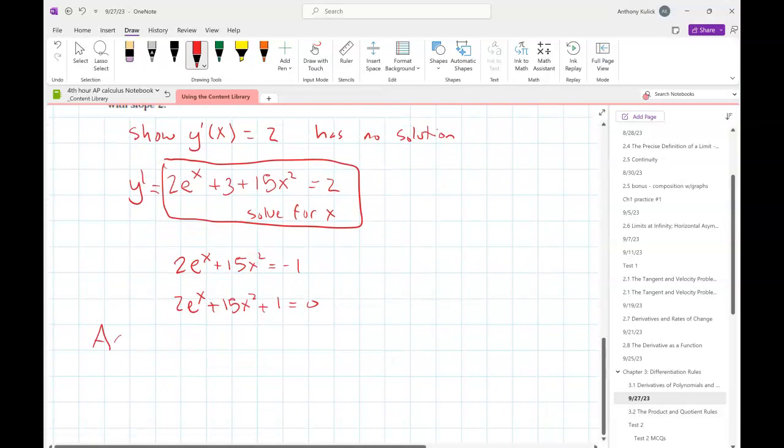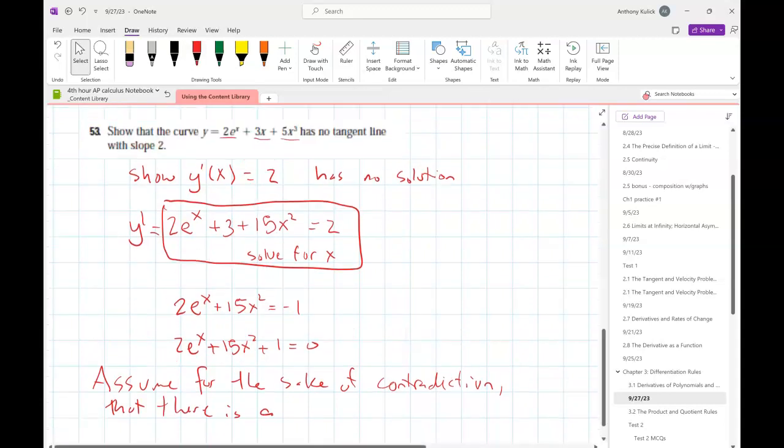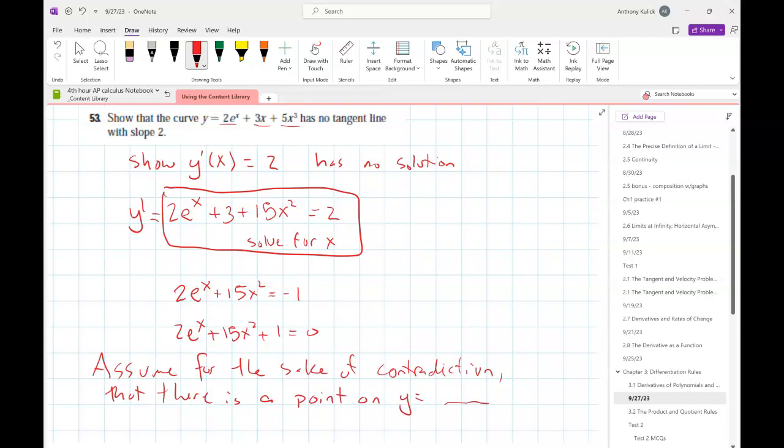So assume, for the sake of contradiction, that there is a point on y equals yada yada yada where the tangent line, let's say at x equals a, has slope 2.